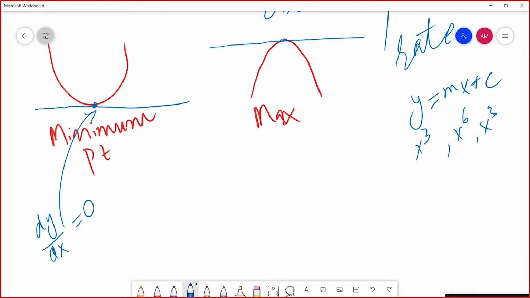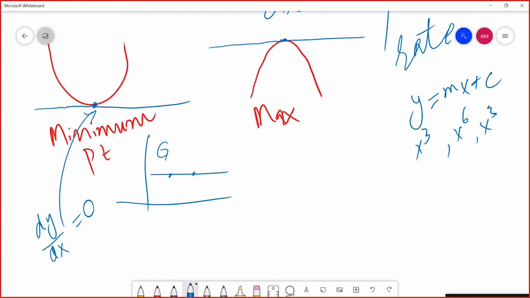0, because this is a horizontal line, and we know if it is a horizontal line, y2 minus y1 is 0. Do you understand that? If I take 2 points like this on any graph, we know the gradient m is equal to y2 minus y1 over x2 minus x1.